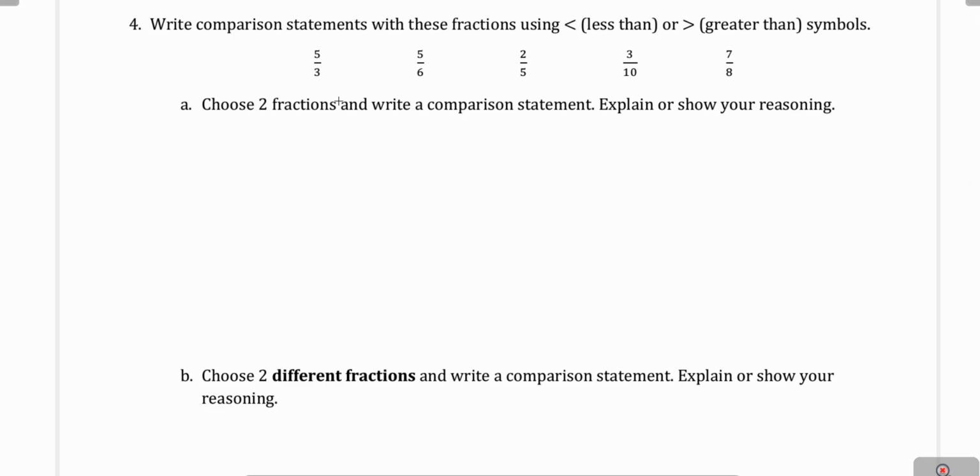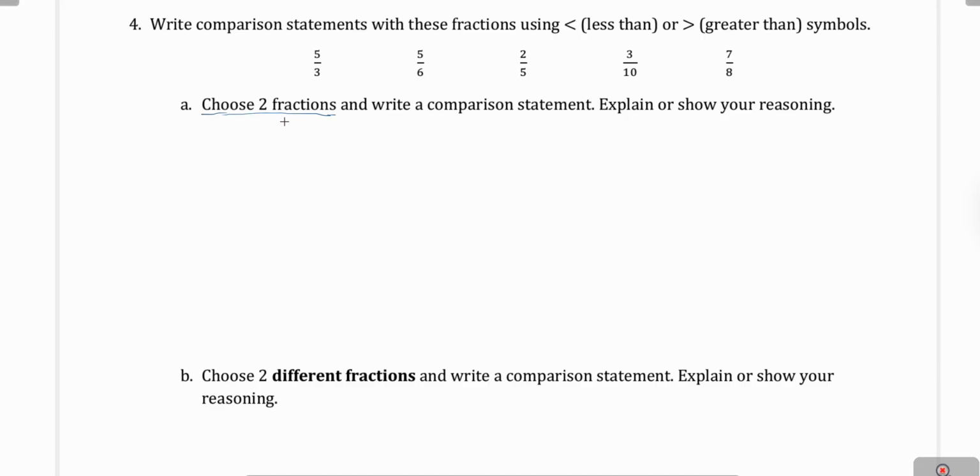Okay, let's write a comparison statement with these fractions by using the symbols for less than or greater than. First, we're going to choose two fractions and write a comparison statement, and we're going to explain or show our reasoning.